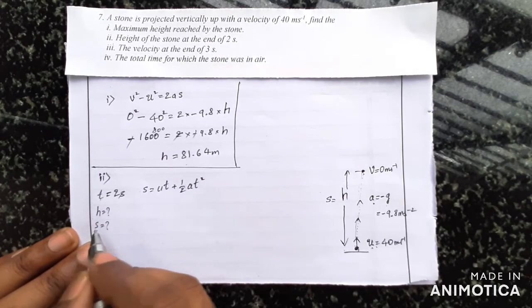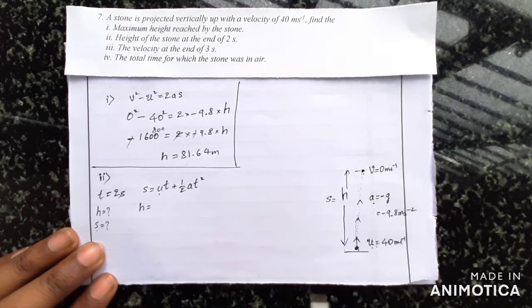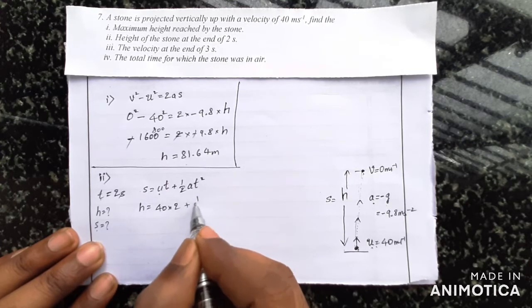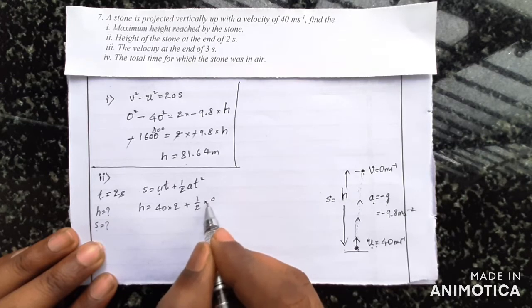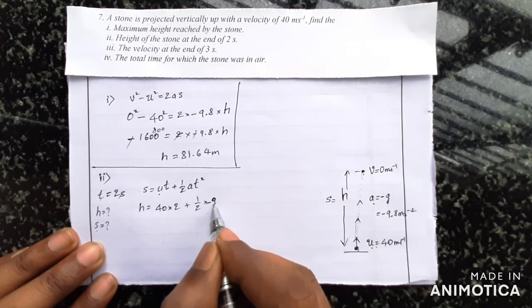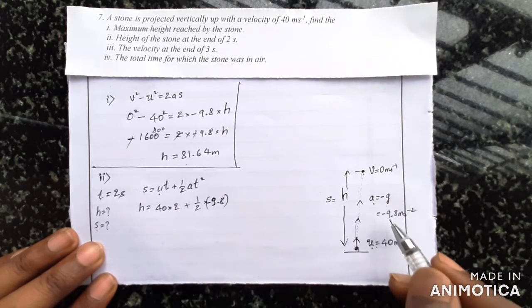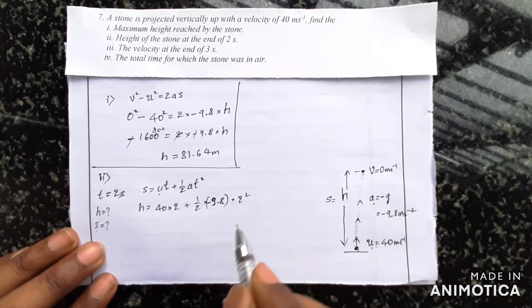So now S itself is h, u is 40 meter per second into time is 2 second plus half a is minus 9.8 because it is thrown upwards. You should consider the negative sign, okay, minus 9.8 t squared into 2 squared.